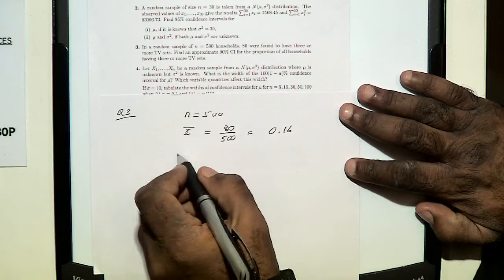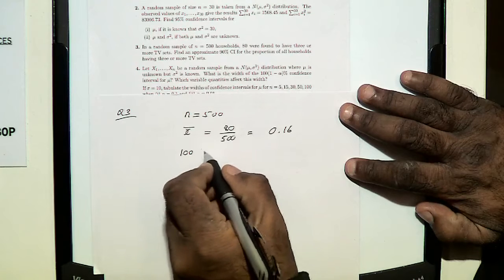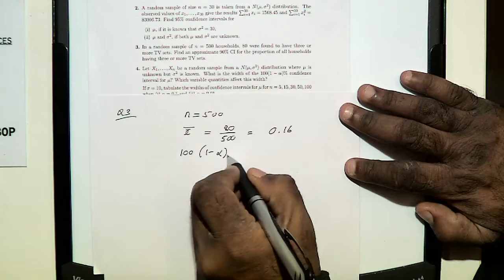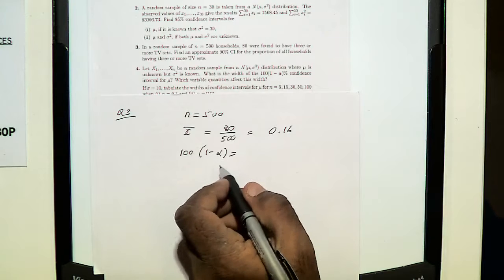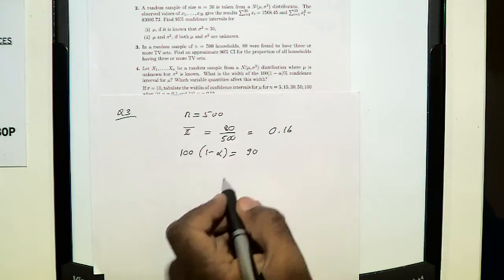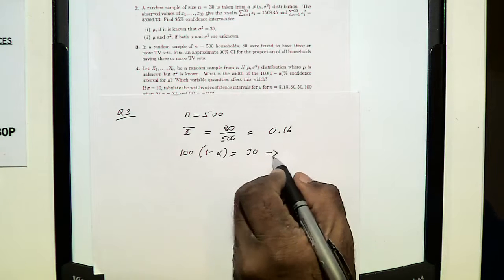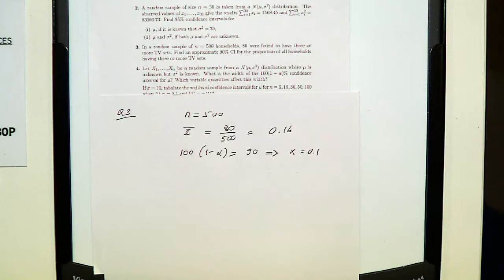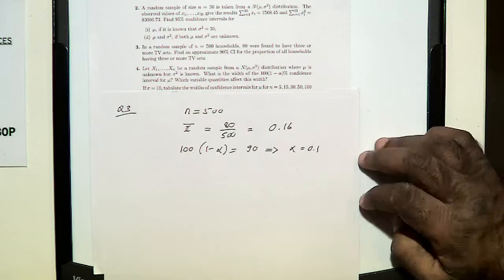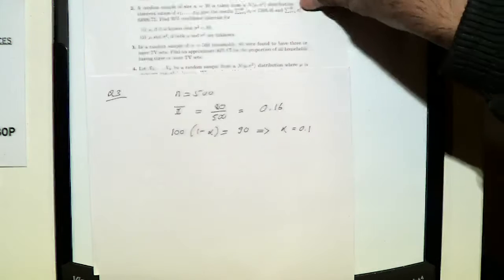And we are looking for a 90% confidence interval. So alpha is 0.1.